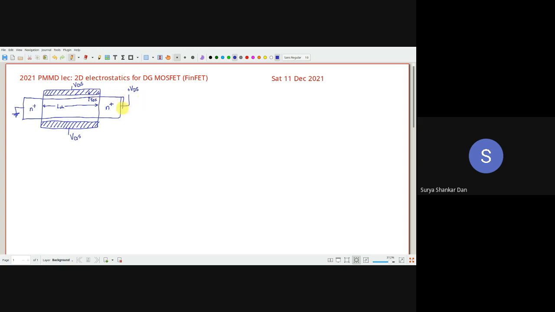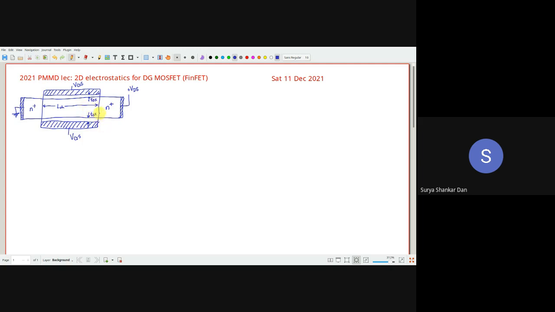Here is the other terminal. Is the situation clear to everybody? So this thickness is also, as usual, TOX. So we are going to model this scenario.